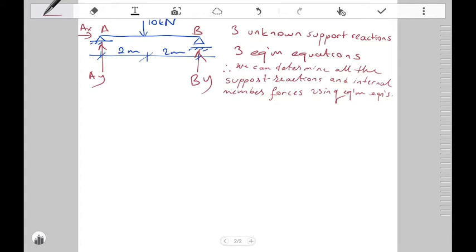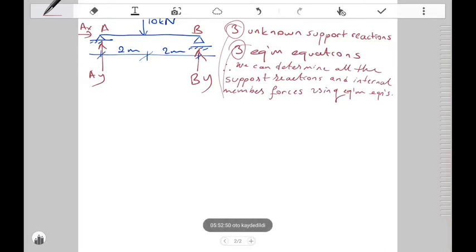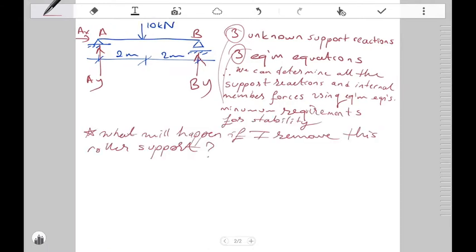Now remember that these are the minimum requirements for stability. What do you understand by stability? Having free support condition for stability. What will happen if I remove this roller support?